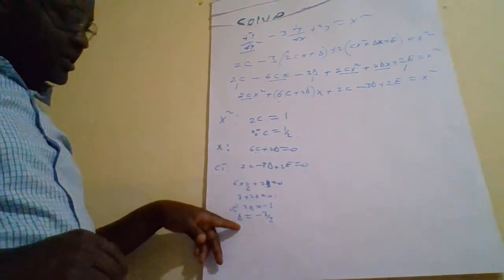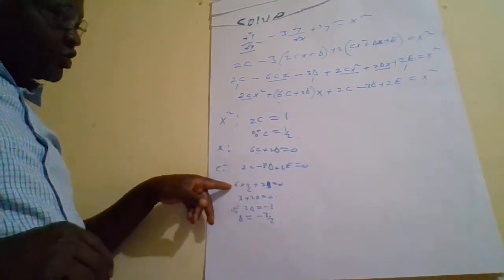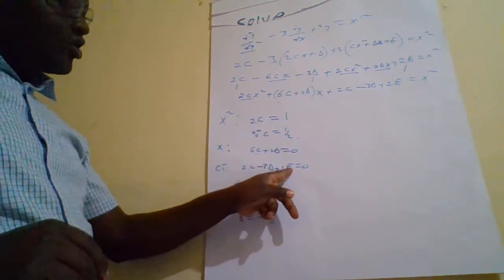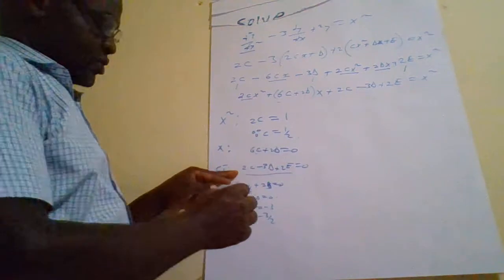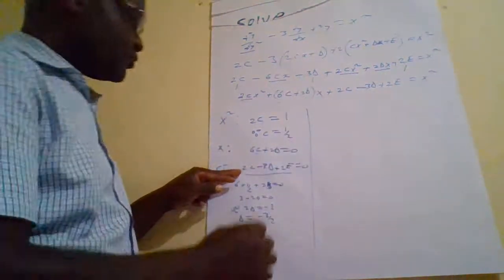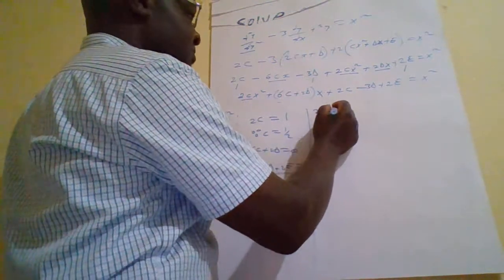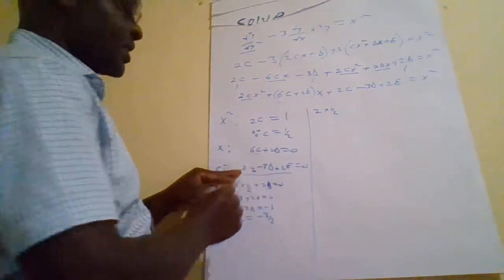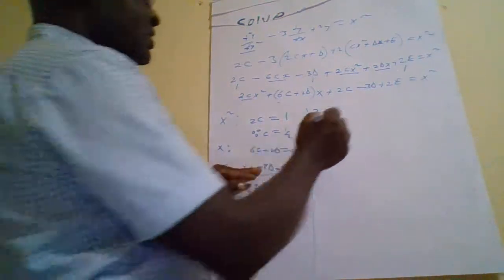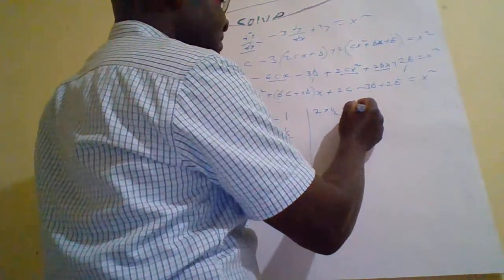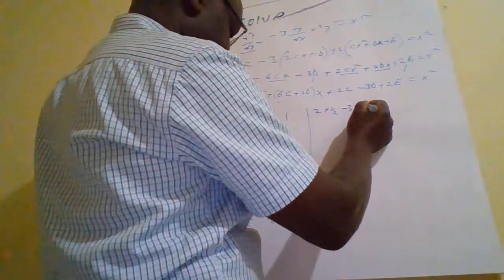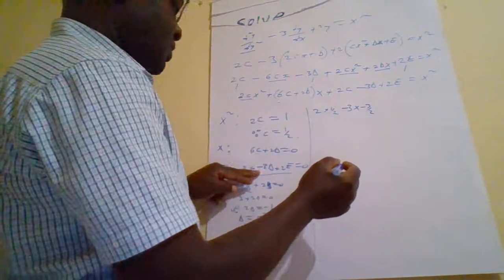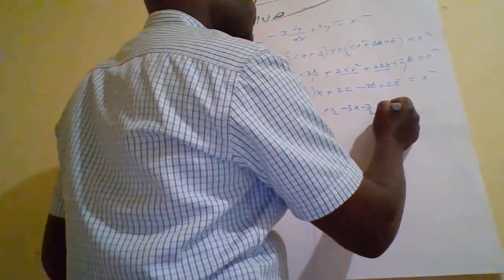Then we can also get the value of e from this equation. So the value of e will be 2 times a half, we are multiplying the value of c, which is a half, then minus 3 times the value of d, which is -3 over 2, so times -3 over 2, then plus 2e equals 0.